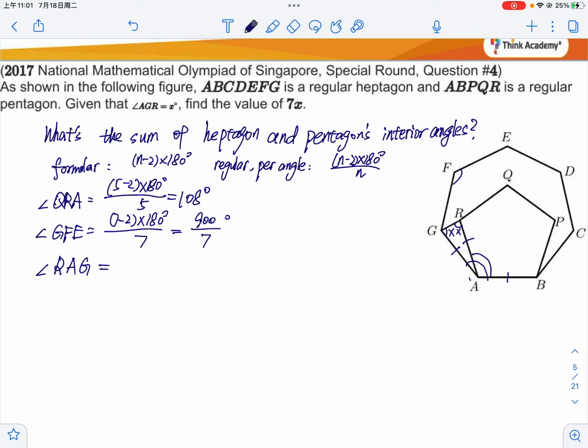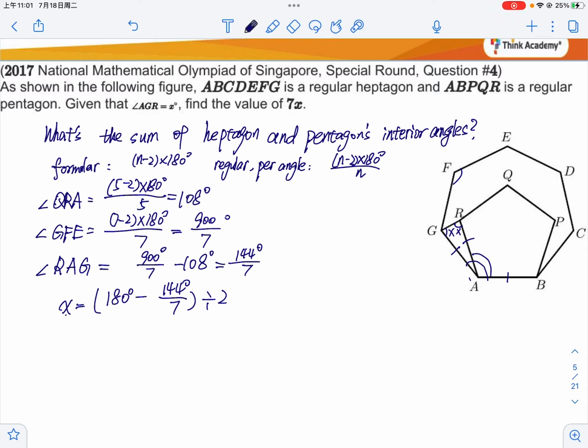So it's just 900 degrees divided by 7 minus 108 degrees. So the answer is 144 degrees divided by 7. Then we need to calculate X. X should equal 180 degrees minus 144 degrees divided by 7, and don't forget to divide by 2.